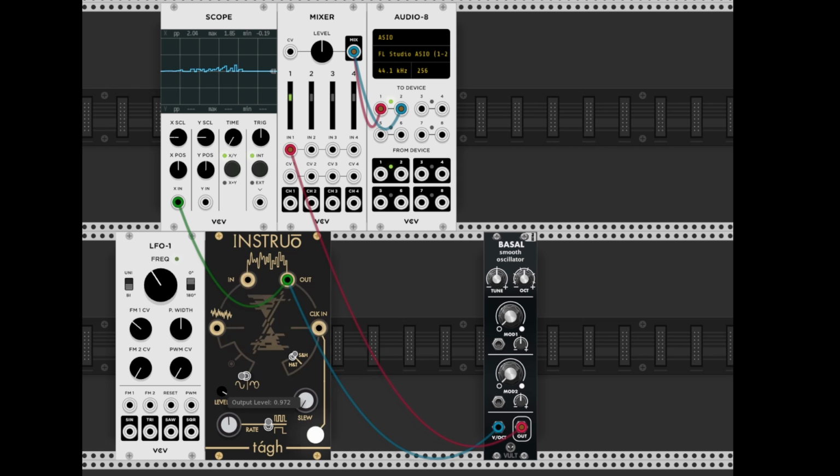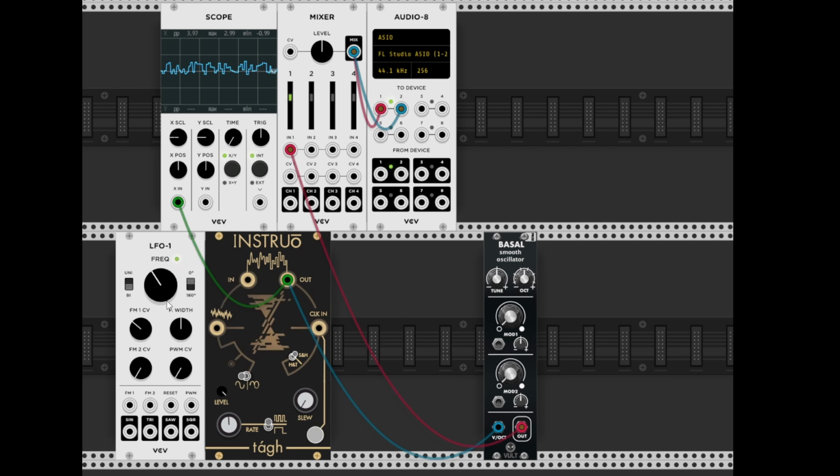Okay, and instead of hard jumps, I can slew the edges. Okay, of course I can use also external clocks.